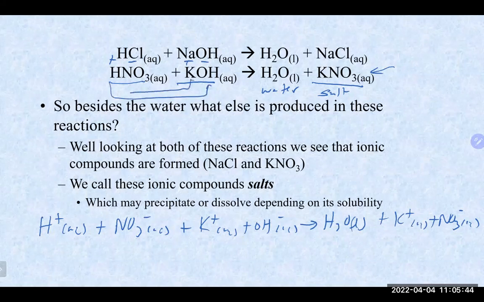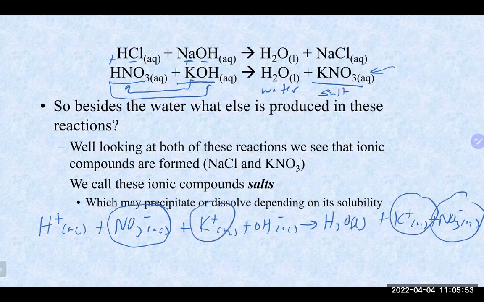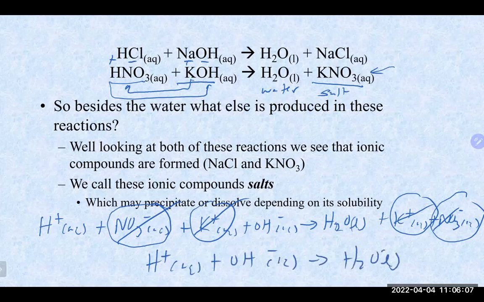In this case, our spectator ions are nitrate and potassium. Even though it may look a little different, we end up in our net ionic equation with H plus and OH minus coming together to make water.